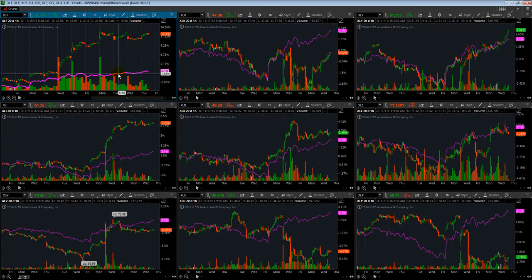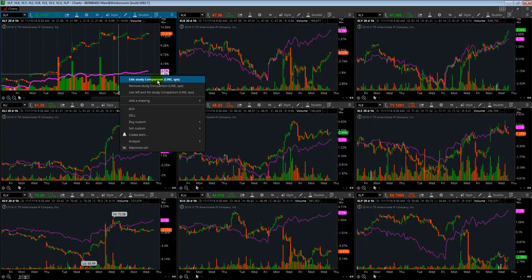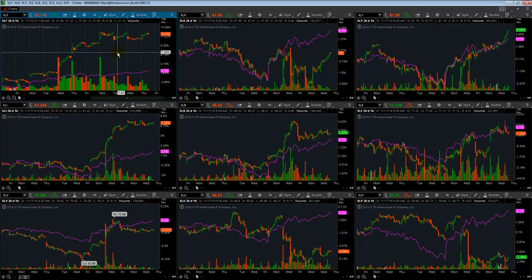If I right click on this, edit study, comparison SPX, which is your S&P 500. So I'm comparing each sector on an hourly. As you can tell, XLF is outperforming the S&P, right? Your XLI is outperforming. Which one is underperforming? XLP is underperforming. XLU is under.